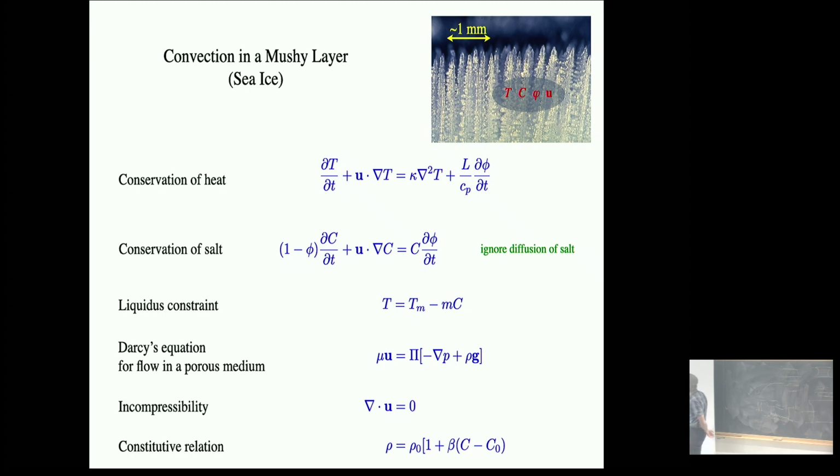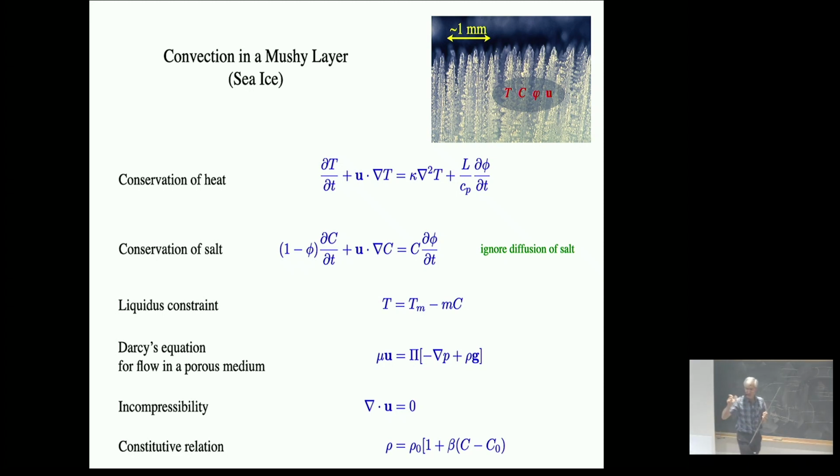So one way to think about this, and we'll see it with some complicated, perhaps a little messy slide on the next slide. But one way to think of these two equations is this equation is an evolution equation for the temperature field or the salt field, because they're the same thing. And then this equation is an equation for the solid fraction.